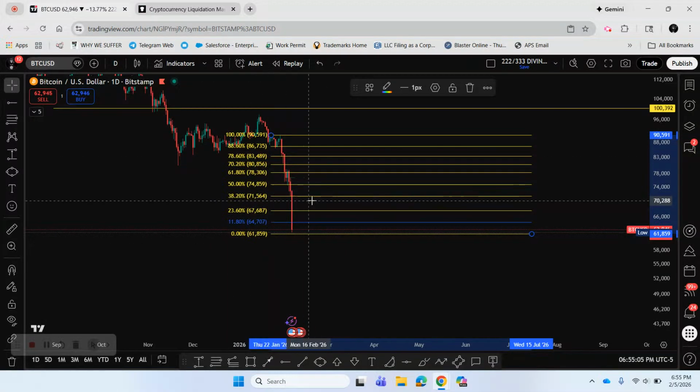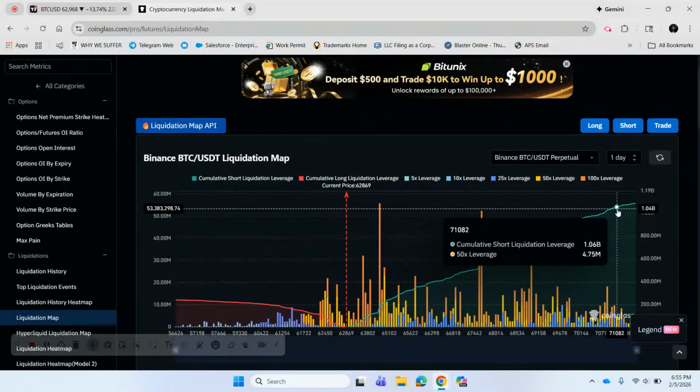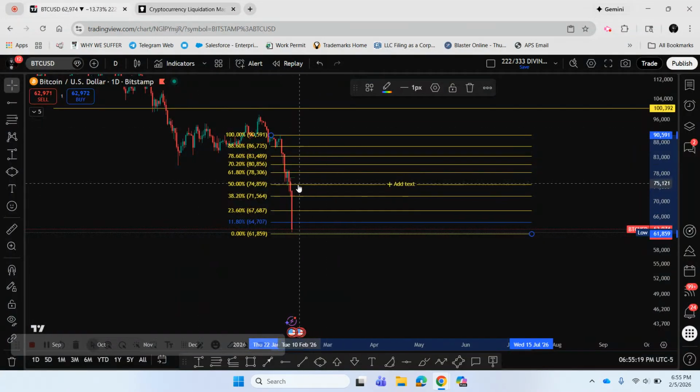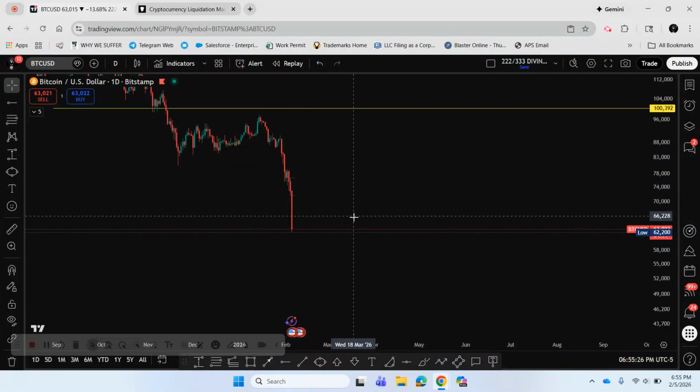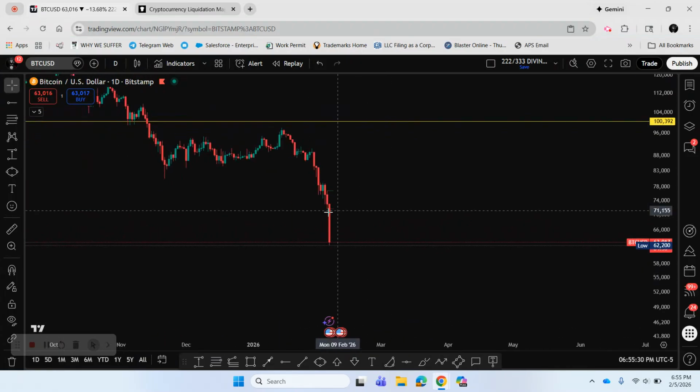And I love the fact that 71,000 is prime, because 71,000 is $1 billion worth. $1 billion worth up here. If that price snaps back up here, I would take that. Now it's just not time to be looking to go long yet, but a recovery can happen.